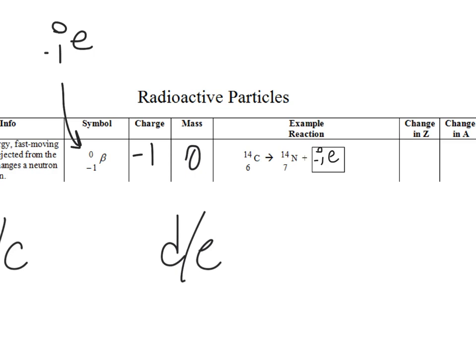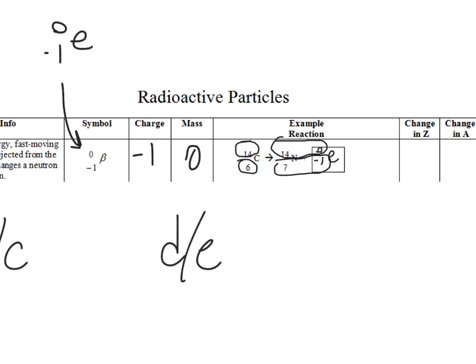The whole goal of nuclear reactions is to have the same total mass on each side, before and after, and the same total atomic number on both sides, before and after. So as you can see there, you have 14 on the left, 14 plus 0 on the right, 14 and 14.